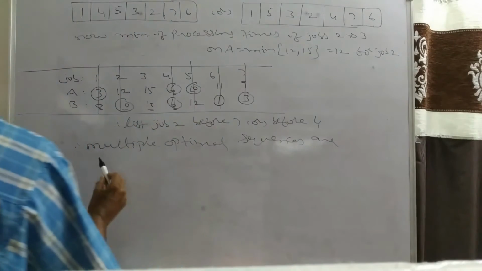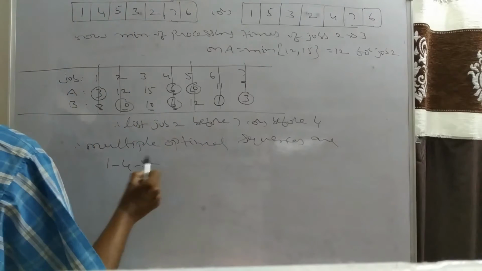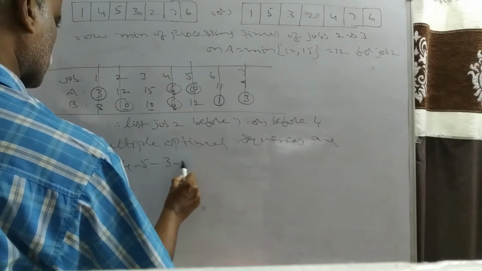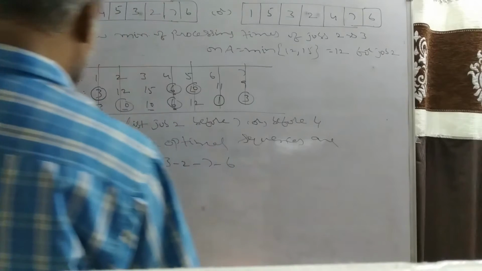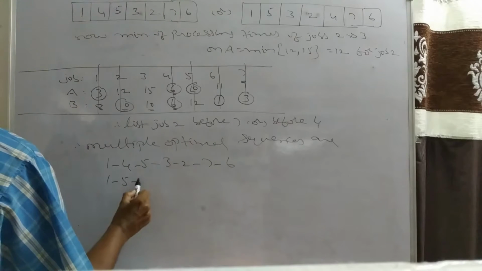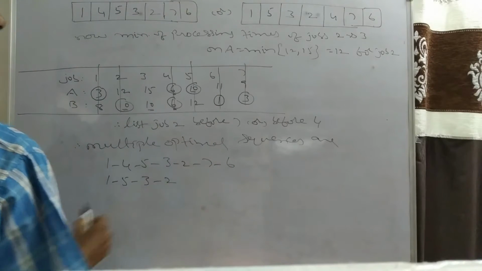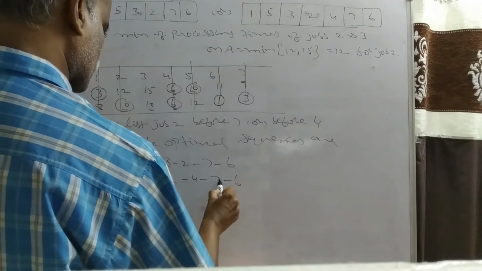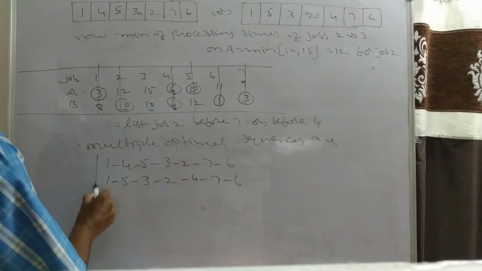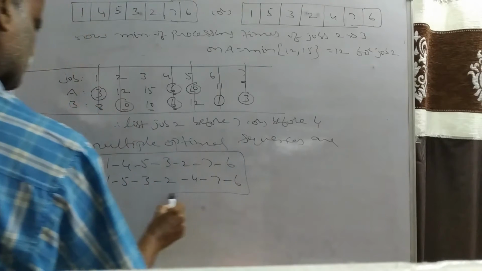Therefore, the multiple optimal sequences are 1, 4, 5, 3, 2, 7, 6. The next one is 1, 5, 3, 2, 4, 7, 6. These are the multiple optimal sequences.